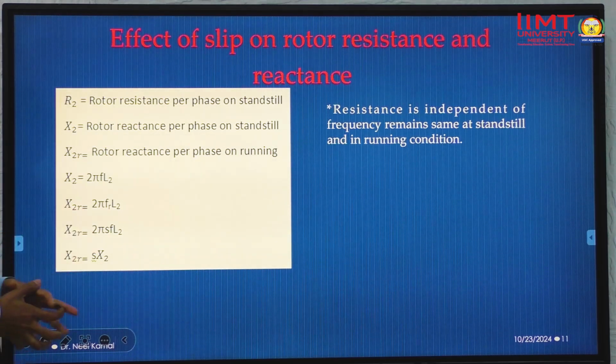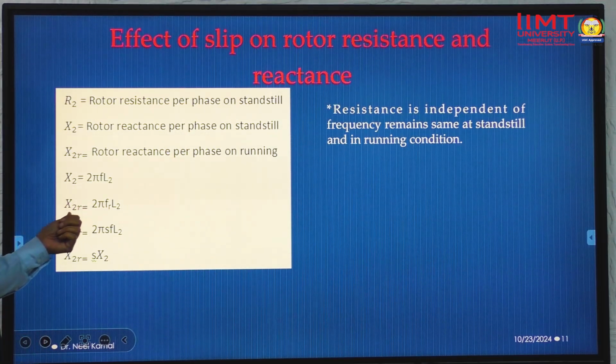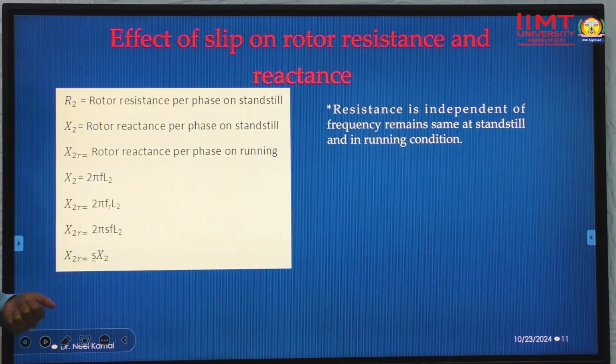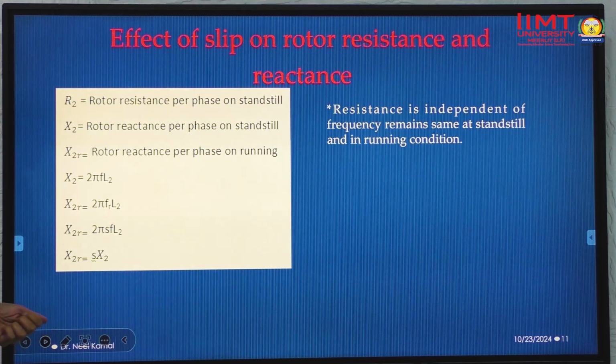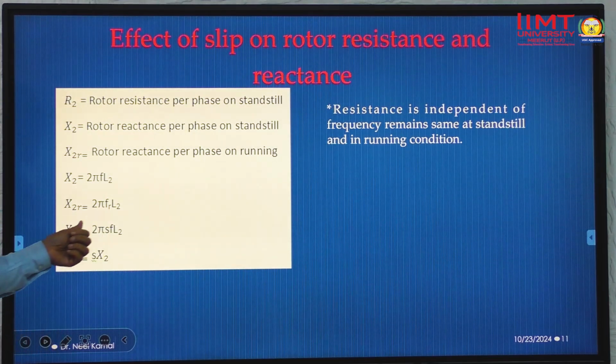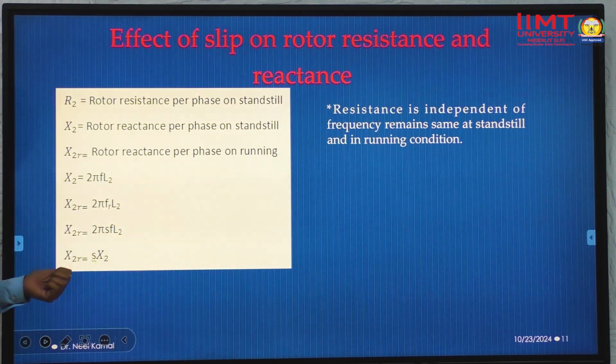So X2R is the rotor reactance at running condition, so we are using here the frequency Fr instead of F. So the formula will be X2R is equal to 2 pi Fr L2, and in the previous slide we have already discussed that Fr is equal to S into F. So we can replace Fr with S into F, and finally we can conclude X2R is equal to S into X2.